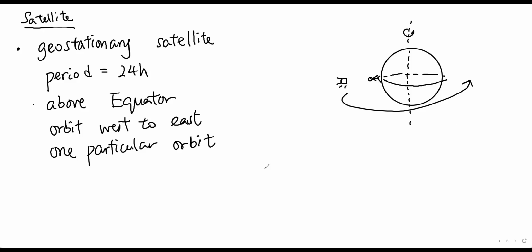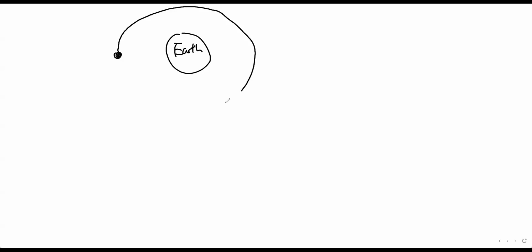Now we are going to find the radius of this orbit. The radius is fixed. If you get a larger radius, it's not geostationary.